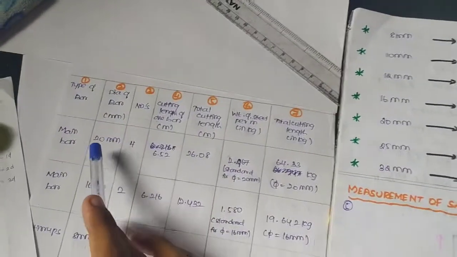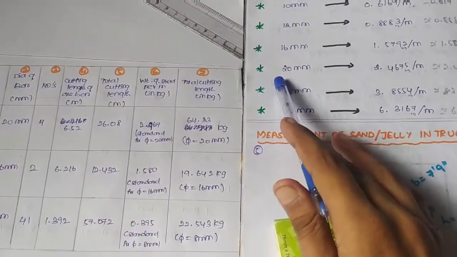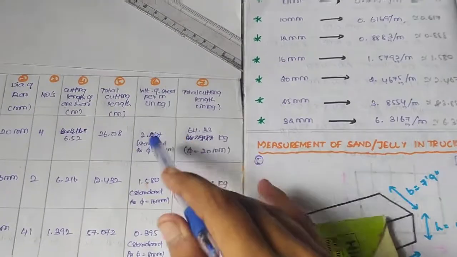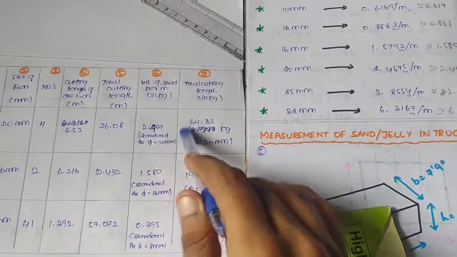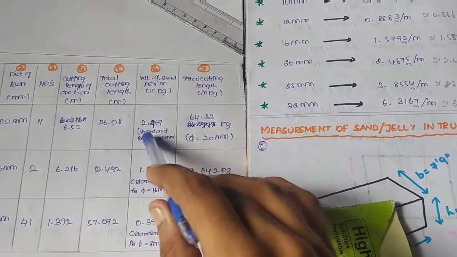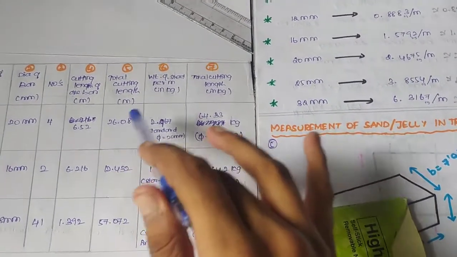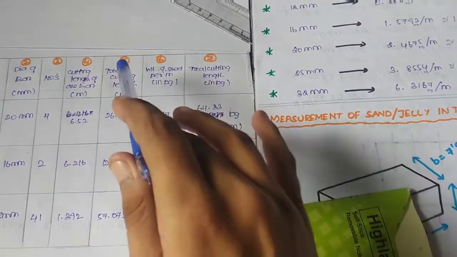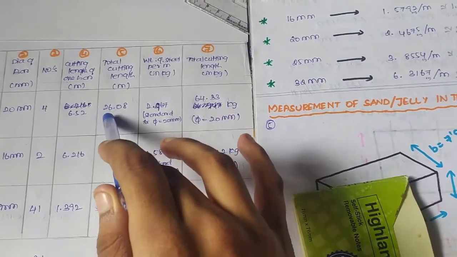Here in this problem we have 20 mm dia bar, right? So for 20 mm dia bar it is 2.467 kg per meter. It is a standard value for diameter of 20 mm. For 1 meter it is 2.467 kg. We have how many length? 26.08 meter.